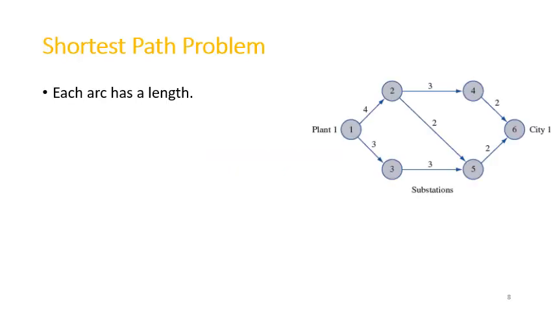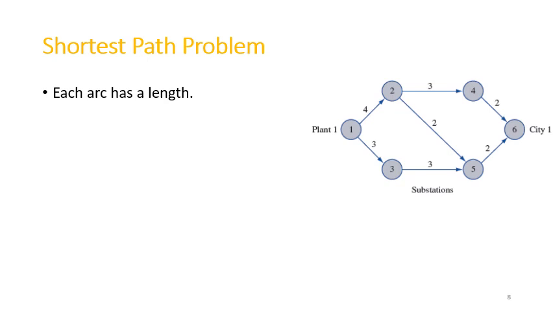Okay, now let's start with the first problem that can be best represented using a network model. It is called the shortest path problem. In the previous section, we saw that a network is defined by two characteristics, nodes and arcs.